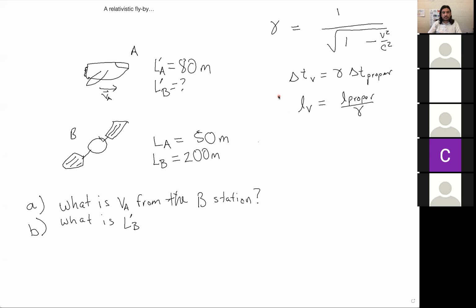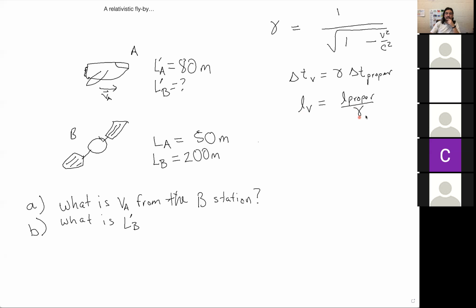So looking at this equation, which one is the proper length? Is the proper length 200 or not? Would it be the 200? And the spaceship is the one moving, right? Yes. So now look at it this way.